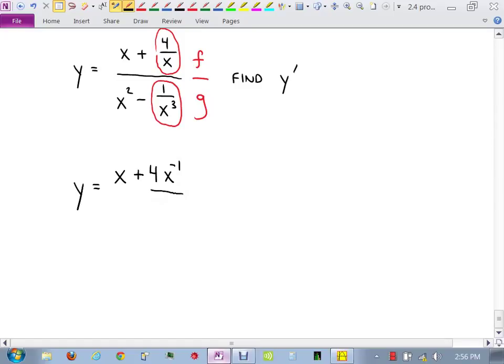And then on the bottom, we could write x squared minus what? x to the negative 3. And then at this point, we still have our f and g, right? f is the top, g is the bottom. We know that the derivative will be f prime g minus g prime f over g squared.